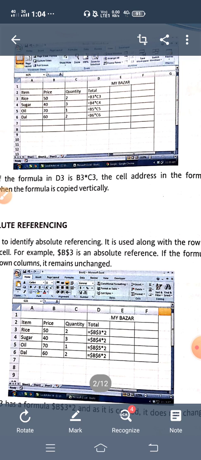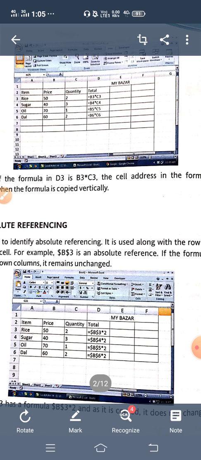The price of rice is 50, sugar is 40, oil is 70, dal is 60, and its quantity is also mentioned. The quantity is 2 for rice, for sugar it is 3, for oil it is 1, and for dal it is 2. This is the data that is already given.